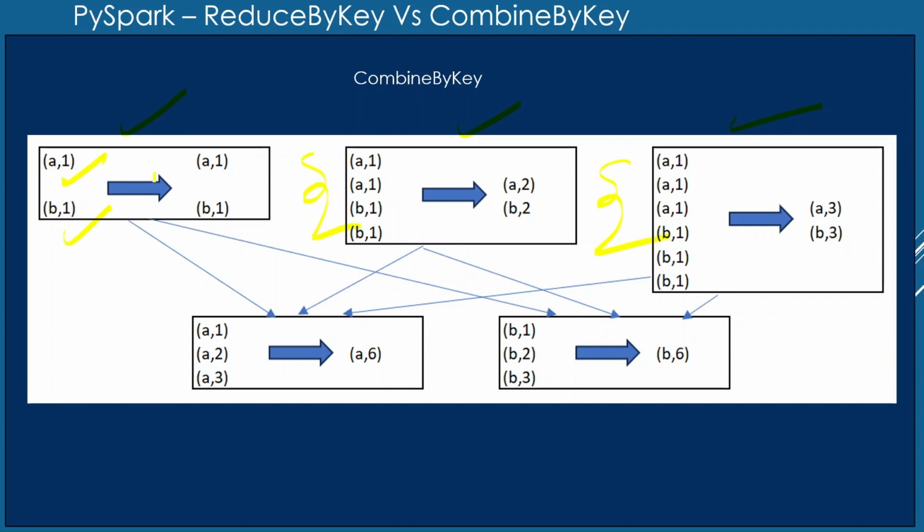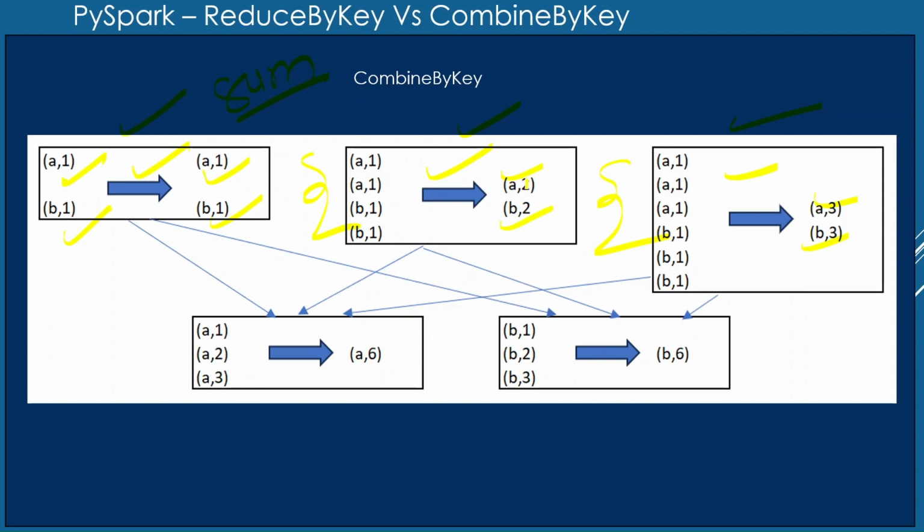Some aggregates are applied locally, so suppose we are doing some aggregation with the help of combineByKey. It is applied individually on each and every partition, and the data points are converted like this. This is nothing but adding the values in each key.